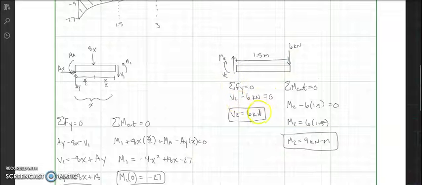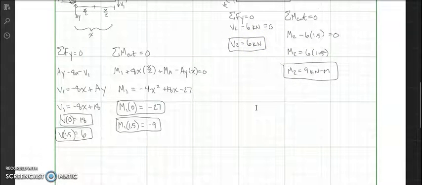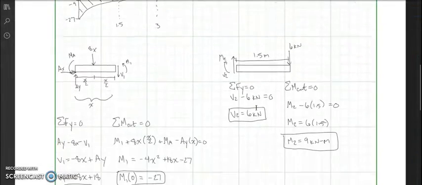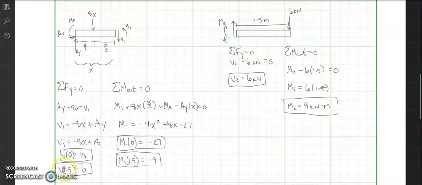So V2 is equal to 6 kilonewtons, which works out pretty well because my V at 1.5 over here equals 6 as well. So when at the cut, my V is the same, that's a good sign.